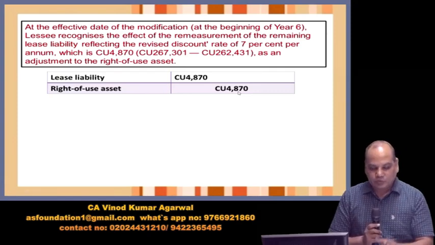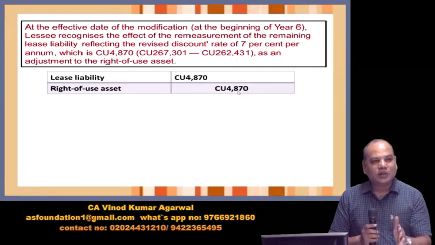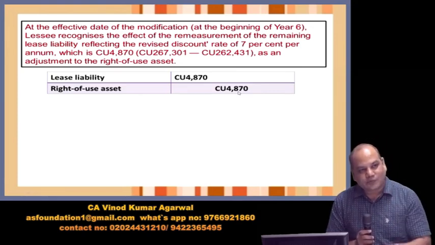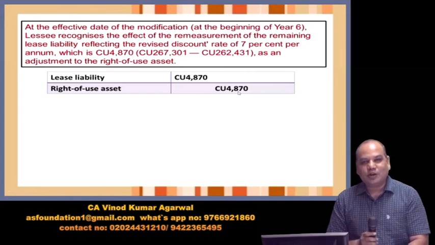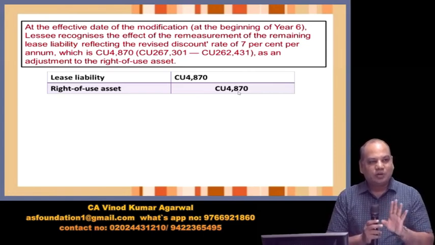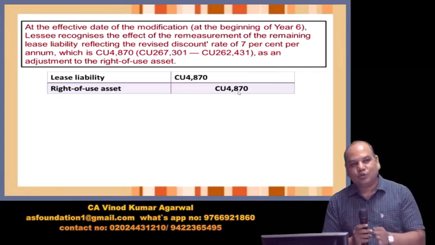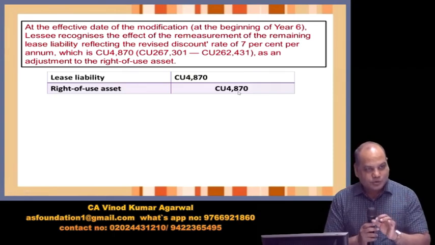Is it right? Again I will revise. First calculate the carrying amount of asset and liability at the end of year 5. Calculate the proportionate amount of asset based on remaining life, divided by remaining life originally. That is the proportion.